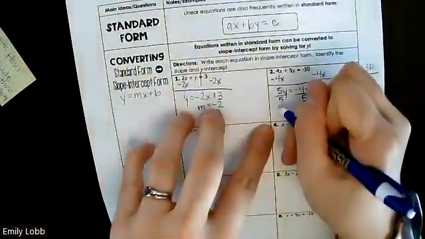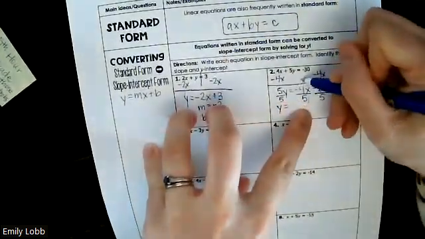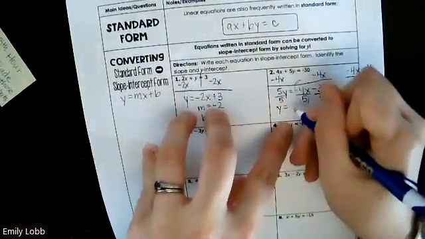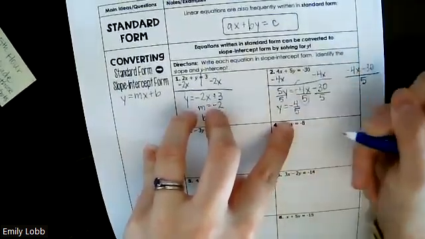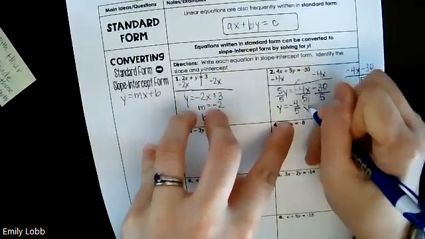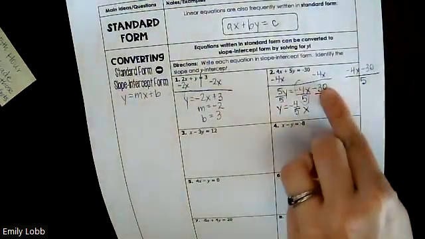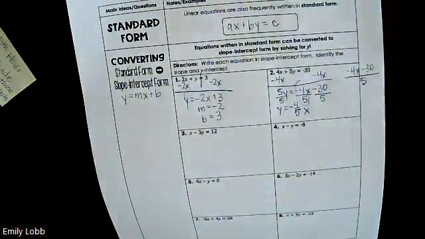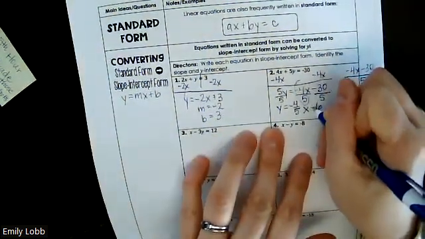So now I have 1y. That's what I wanted. Now I have this coefficient, -4 divided by 5. And it's a slope, so I can leave it like that, right? And it's being multiplied by x. And then I have to say -30 divided by 5, which is -6.